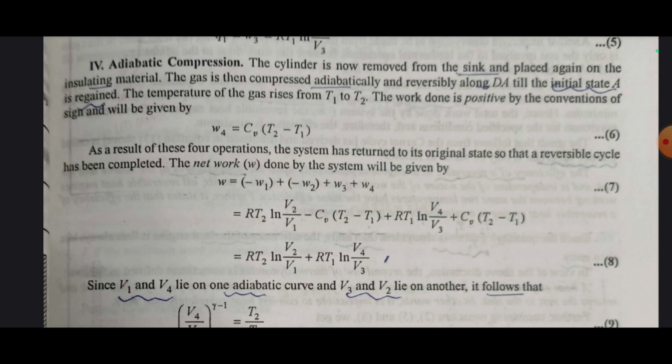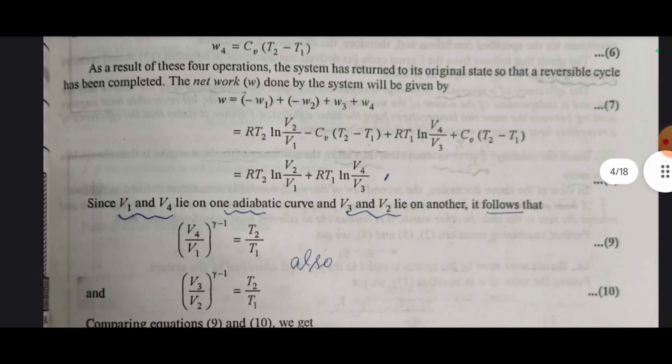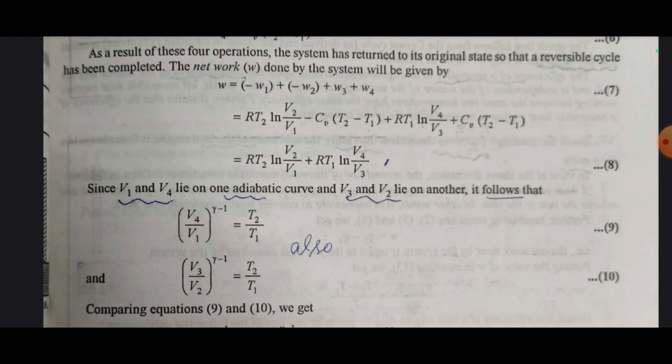The net work done by the system will be given by W is equal to minus W1 minus W2 plus W3 plus W4, that is, RT2 into ln of V2 by V1 plus RT1 into ln of V4 by V3.